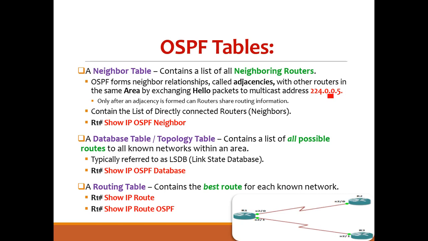Only after an adjacency is formed can routers share the routing information. Without adjacency, meaning without neighborship, routers do not exchange routing information between them.